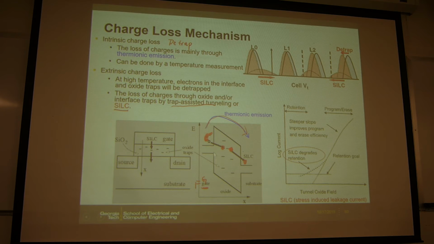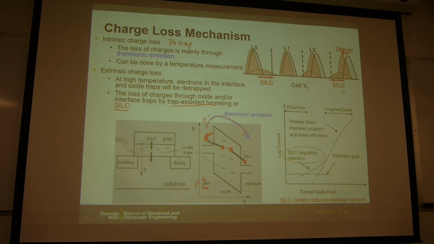So if you have the field stress across floating gate to the substrate, then the electrons tend to leak through those traps. So no matter what, those electrons will come out from the floating gate.